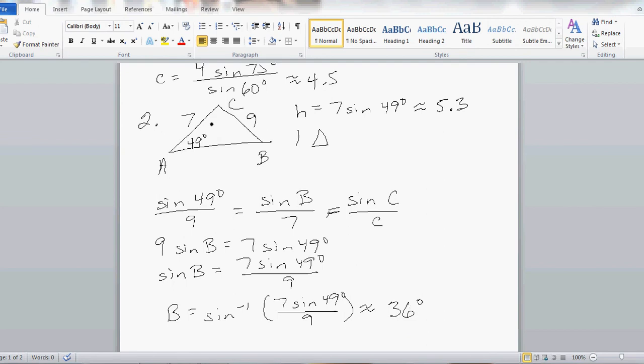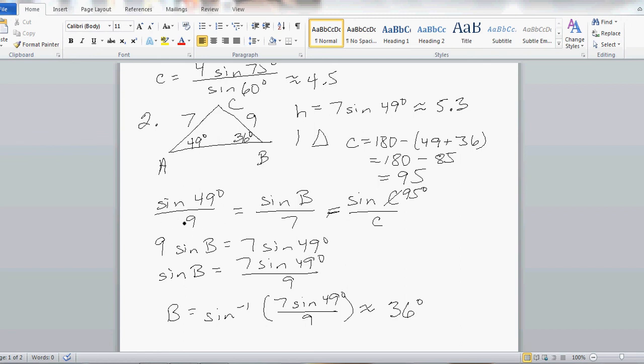So now we have angle B is 36 degrees. That makes angle C pretty simple to calculate. Angle C will be calculated as 180 minus whatever 49 plus 36 is added together. Well, let's see, that's 85, which equals 95. So C will be 95 degrees.